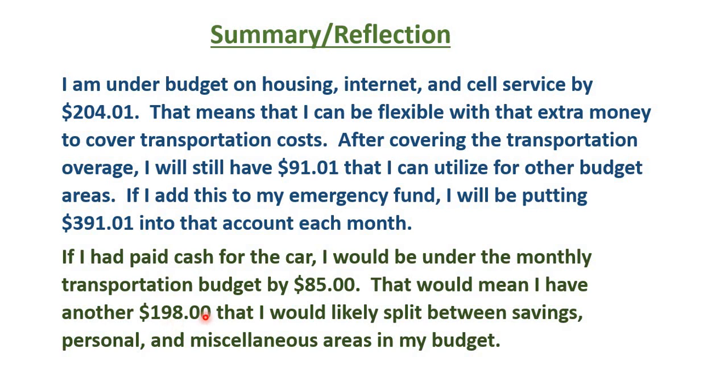And then I'd have that extra money again now to split up. Maybe I'm going to put that into savings, maybe it's personal, maybe it's going to be miscellaneous. So I'm just reviewing what has happened based on the information that I found and how I could potentially use that money to make adjustments in my budget.